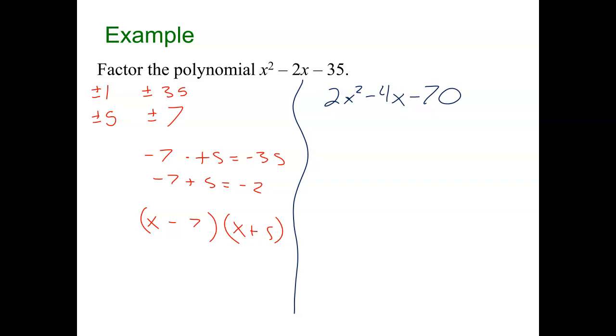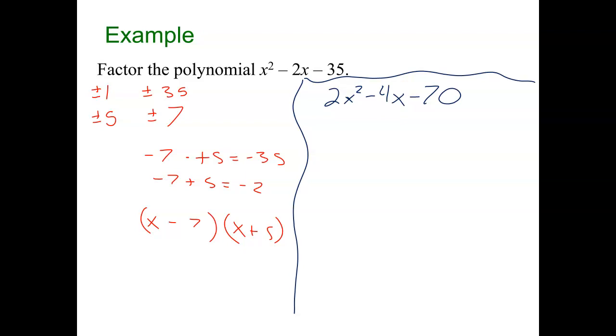What's the difference between this one and this one? Okay, it's got a number on the far left. It's got that 2. What else? We multiplied everything by 2, right? Which means that this expression has a common factor of 2, right? So, slightly different, but very similar to this, with a common factor of 2.